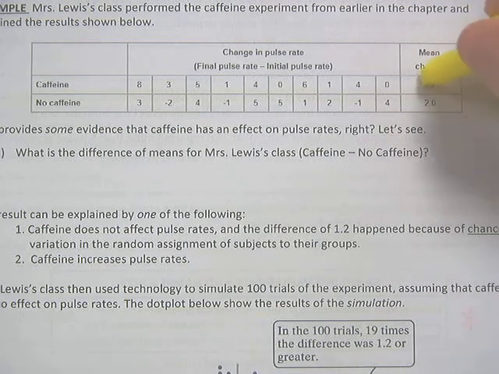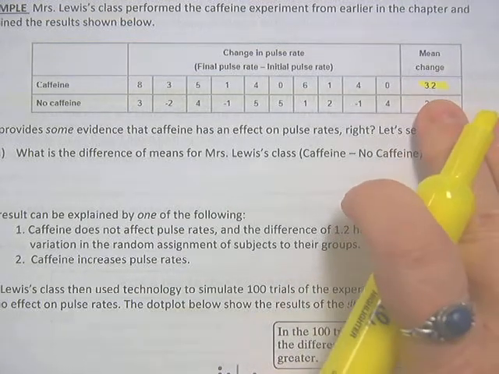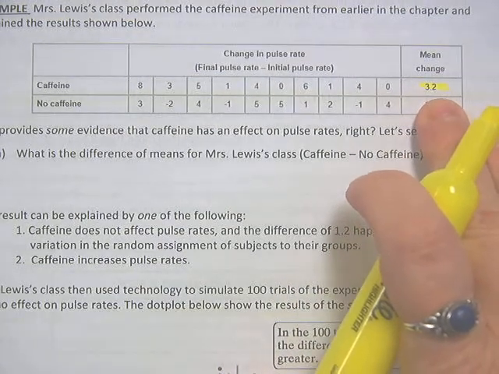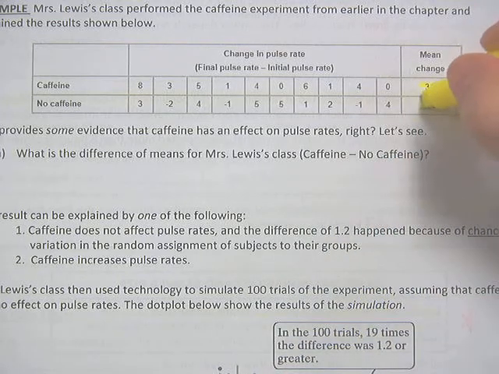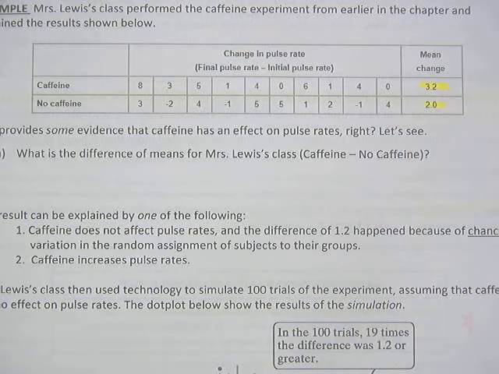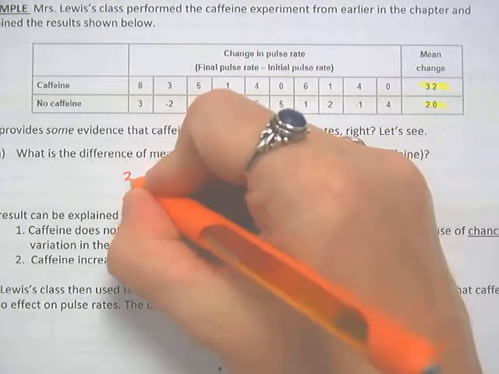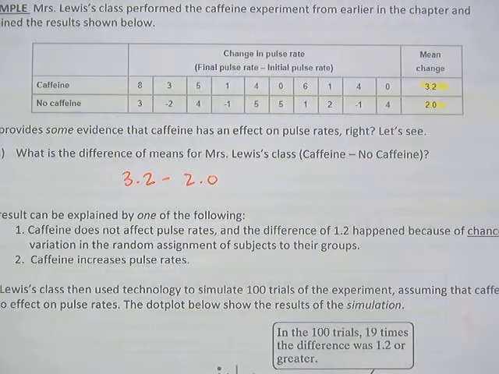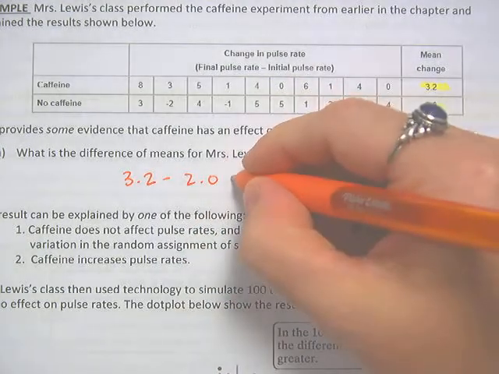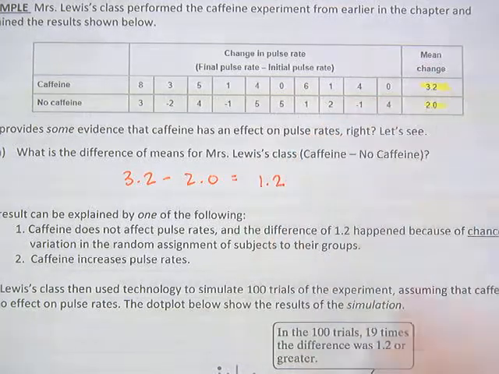And it turns out that on average, those who drank caffeine, their pulse rate increased by 3.2. No caffeine, theirs only increased by 2. So the difference in the averages of caffeine versus no caffeine is 1.2.